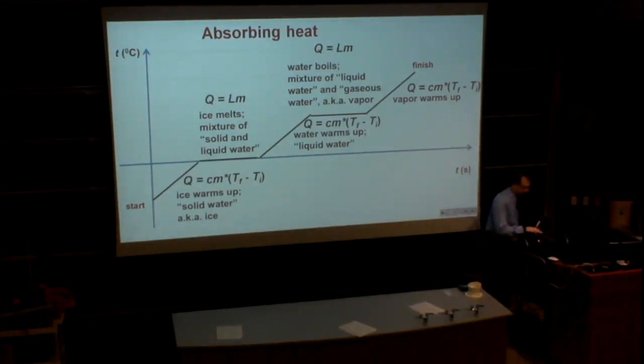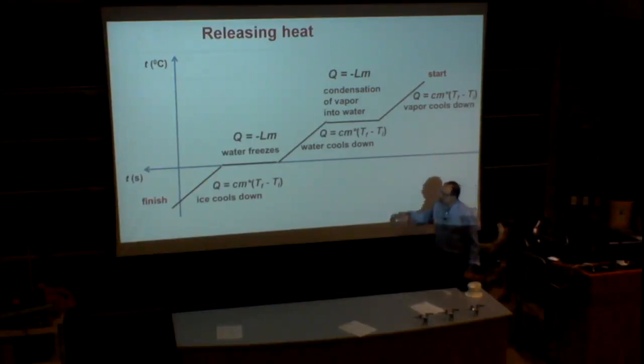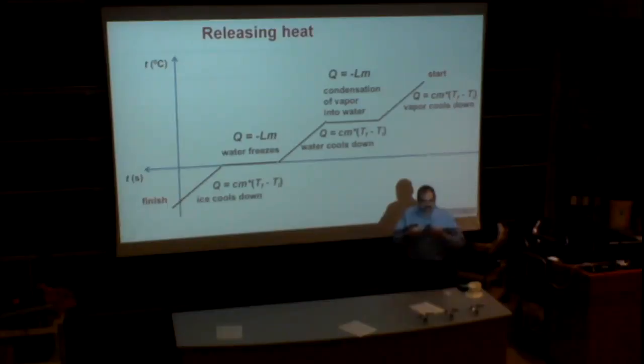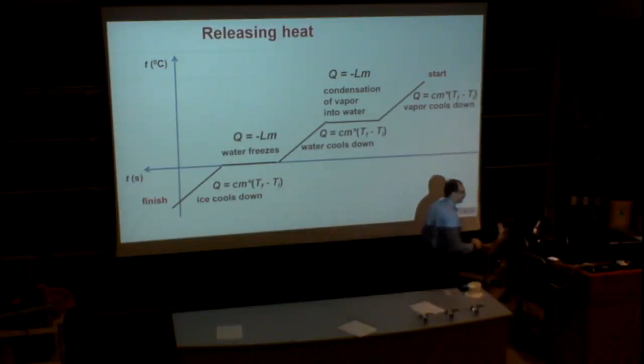Everything is positive. On this slide, we begin from higher temperature. The system is releasing energy. We don't have to do anything with this equation. Automatically negative, but we have to manually add a minus sign to that equation.